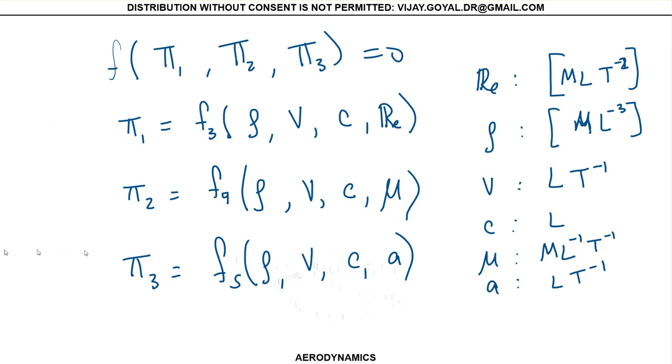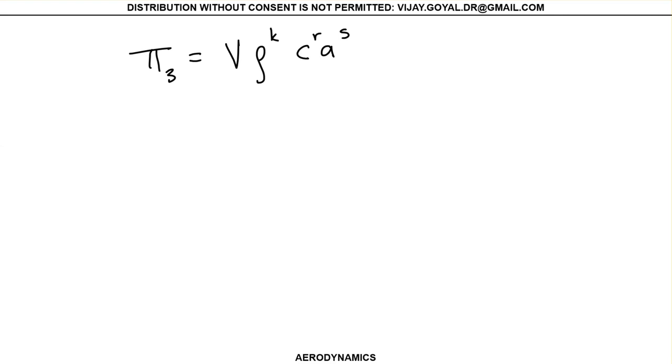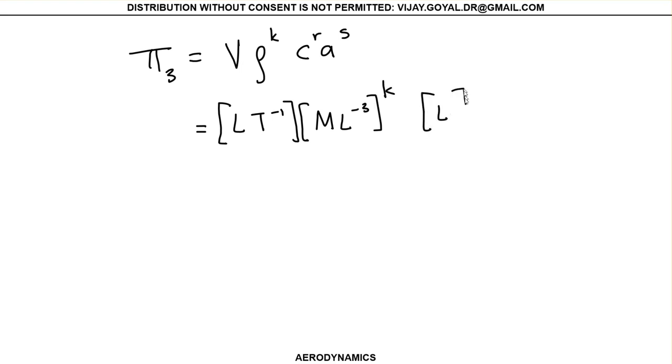So we want to solve for that, and I put all these variables there to find what the coefficients are. We do exactly the same process again. This is length time to the minus 1. This is mass over length cubed, that's minus 3, to the k power. And this is length to the r. This is L T to the minus 1 to the s power.